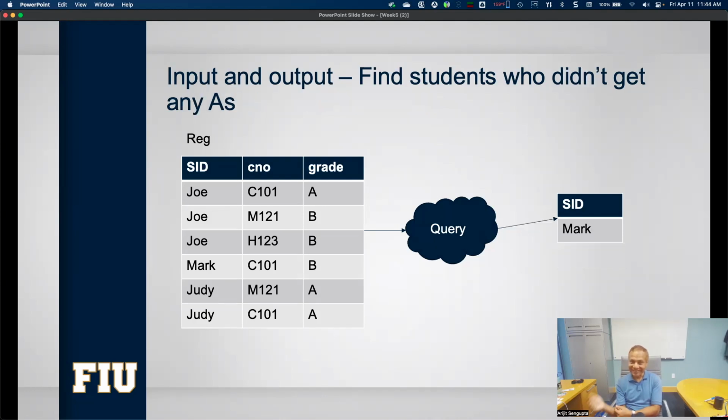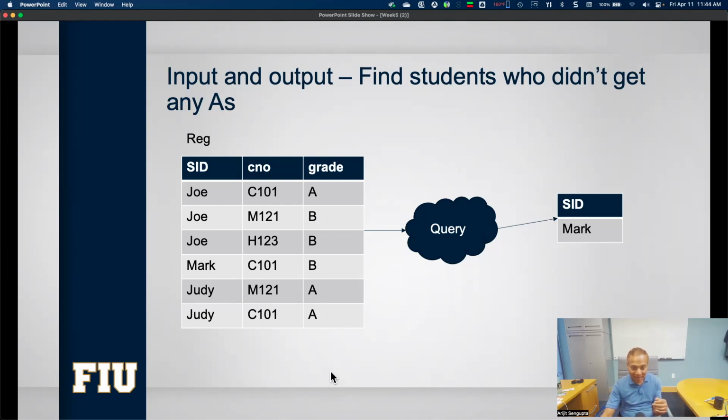So now you're saying, well, by adding more stuff, is it possible that the output will disappear? Think about it. Let's take number one. That's the simple one. Find students who didn't get any A's. So this one should be easy to understand. So here, Mark is a student who did not get any A's. So Joe got one A, two B's, Mark never got any A's, Judy got both A's, right? So if you run this query, let's say you figured out what this query is and you run it, Mark will show up in this output because Mark didn't get an A. Now let's say Mark takes another course.